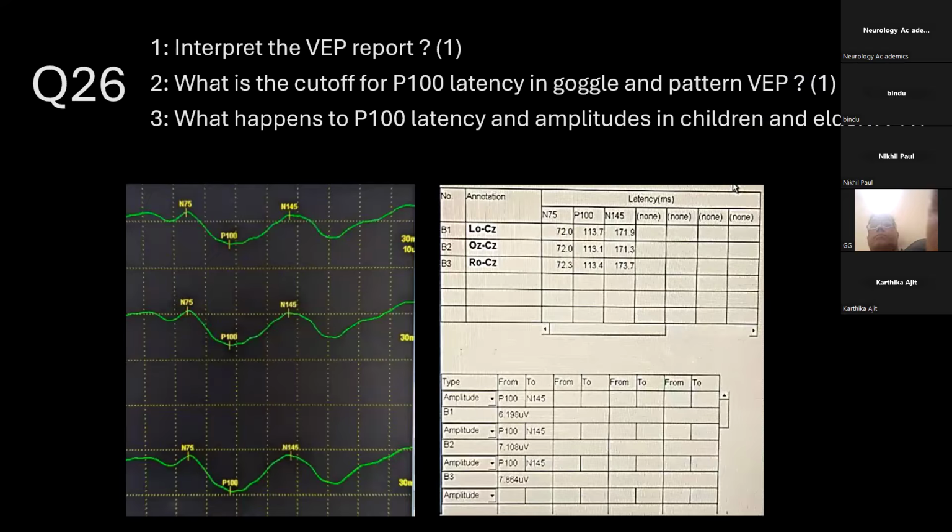Interpret the visual evoked potential report. What is the cutoff for P100 latency in goggle and pattern VEP?